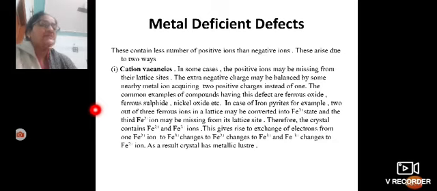Therefore, the crystal contains Fe2+ and Fe3+ ions, which gives rise to exchange of electrons from one Fe2+ ion to Fe3+, so Fe2+ changes to Fe3+ and Fe3+ changes to Fe2+. As a result, the crystal has a metallic luster.